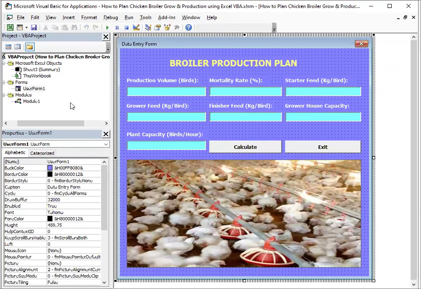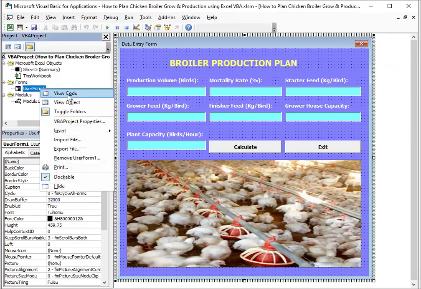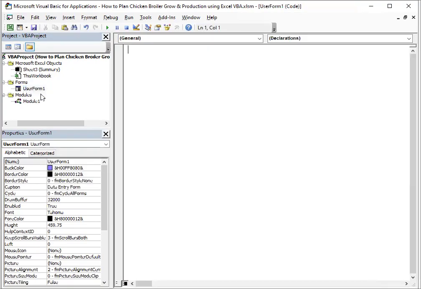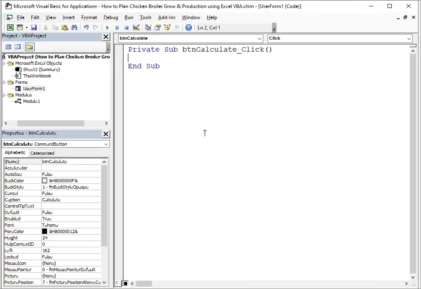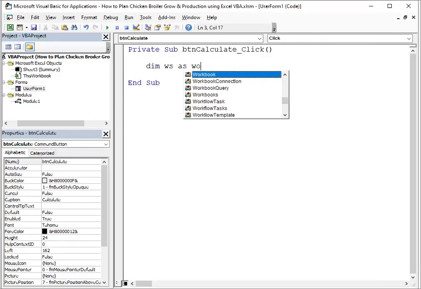I'm gonna show you the code for the user form. View code, or rather, what I'm gonna do is click on the calculate button so that we have the private sub already. This would be shorter, so no problem and very easy to do. The first thing is I'm gonna declare the variables: Dim ws As Worksheet.